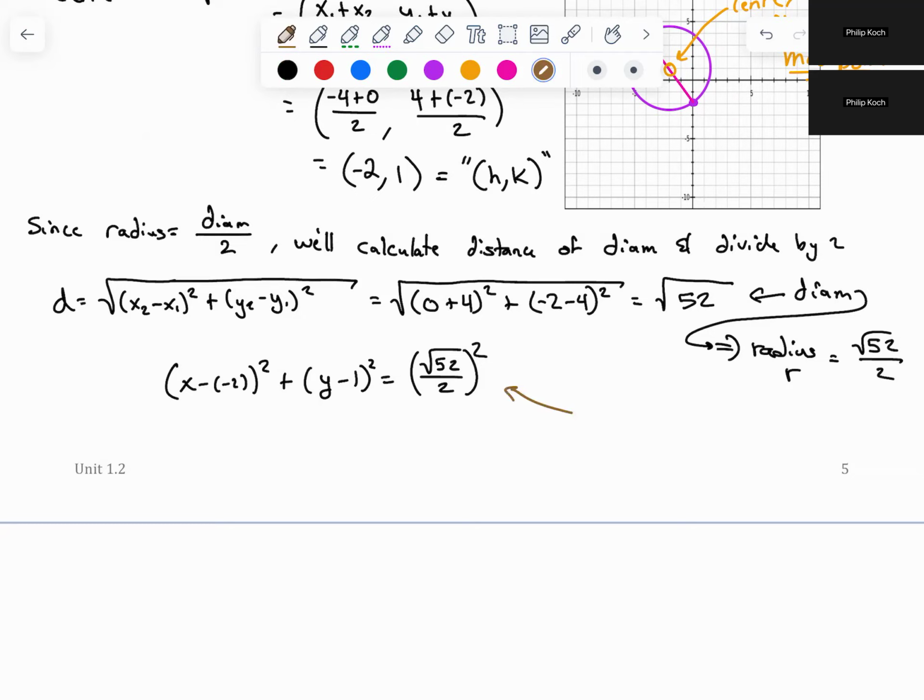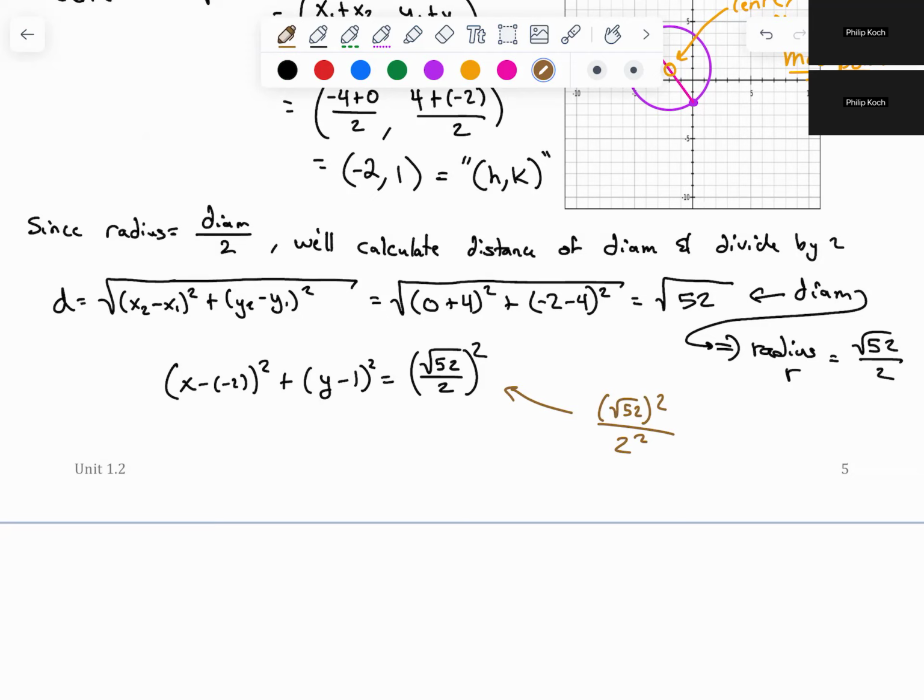So this will be the square root of 52 quantity squared over 2 squared. Remember, that's one of the properties of exponents: if you have a quotient raised to a power, each part gets raised to that power. You can distribute the exponent between the two of them, as long as it's only division.